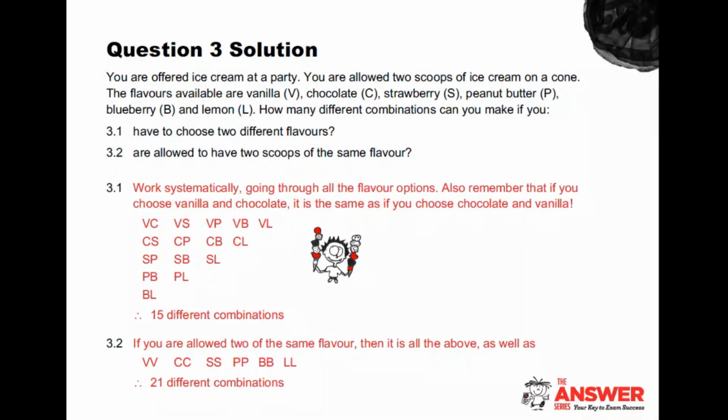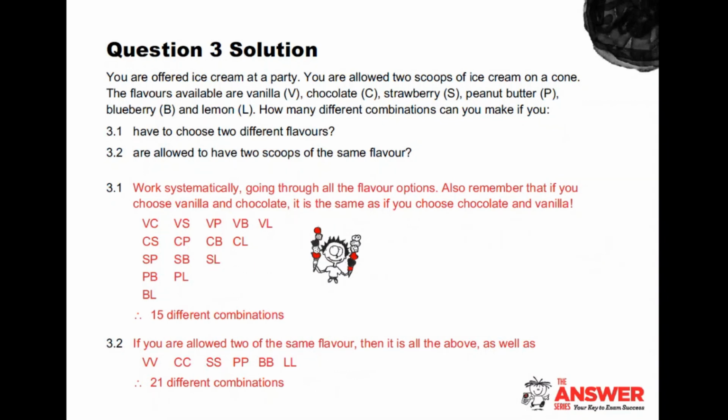With this one, you get 36 possibilities. With this one, the 3.2, I am allowed 2 scoops of the same flavor. So I am allowed vanilla, vanilla, chocolate, chocolate, strawberry, strawberry. In other words, that diagonal. So we exclude that diagonal. So I've got 36 possible combinations minus the 6 on the diagonal, which is 30.